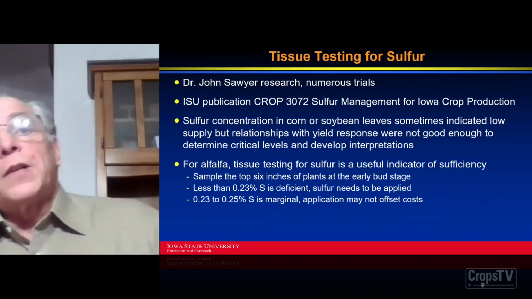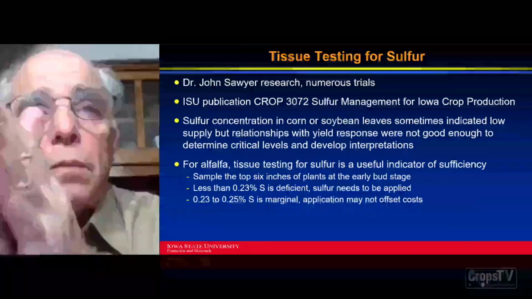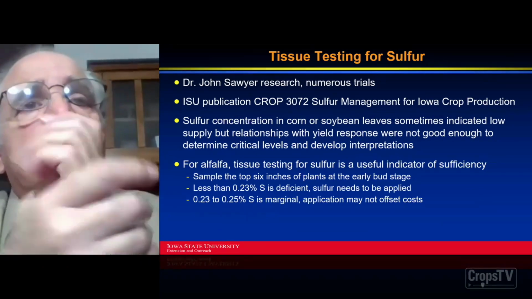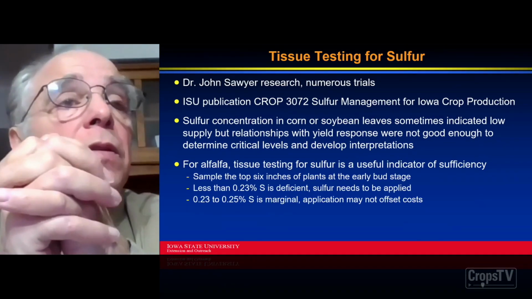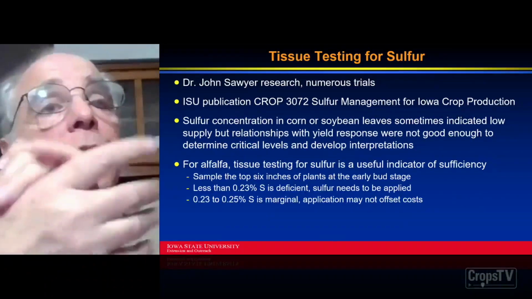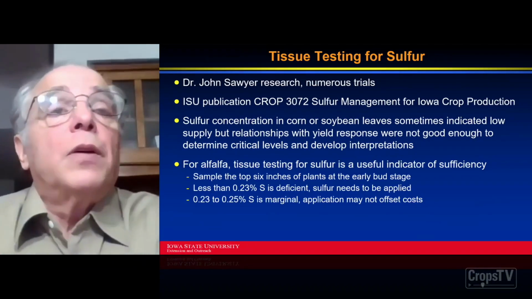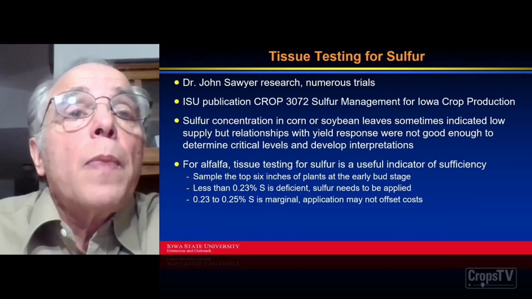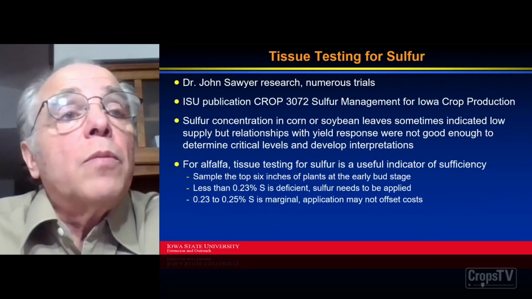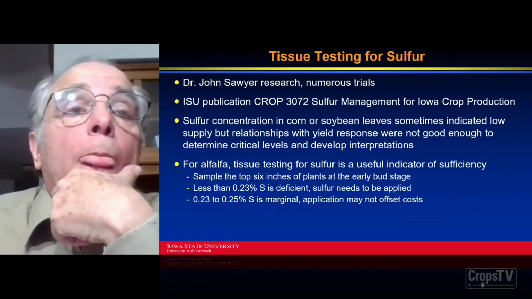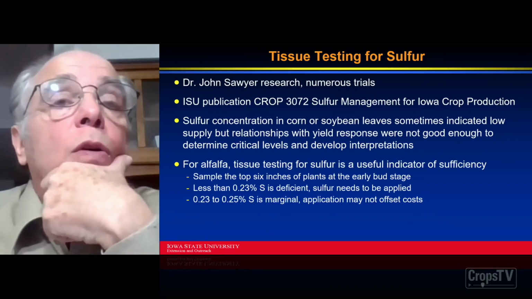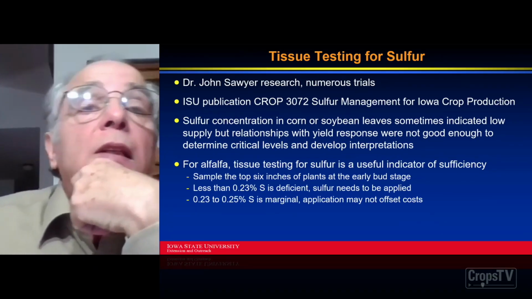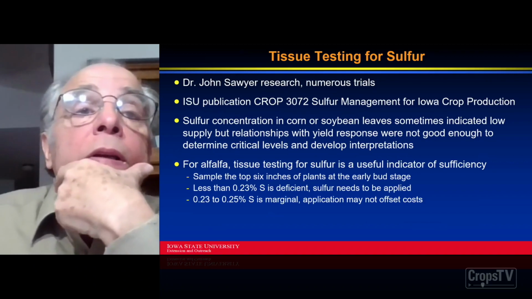I just have one slide about sulfur because people ask me. There is less data about tissue testing for sulfur, but Dr. Sawyer has numerous trials. If you want, you can see this extension publication, Crop 3072, Sulfur Management for Iowa Crop Production. He had some data for corn and soybean, but it was not good enough to establish interpretation.